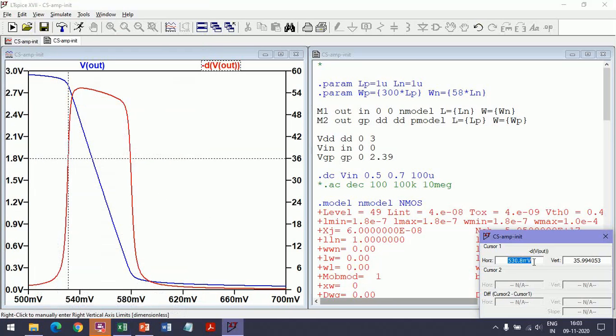So I have 0.53 here, which is adequate, right? 0.43 is the threshold voltage, so the gate voltage of the NMOS has to be 0.53, which it is. And I'm getting a gain of 36 at an output voltage of 2.8 volts. Alright, so this common source amplifier is meeting all the requirements that I am looking for.